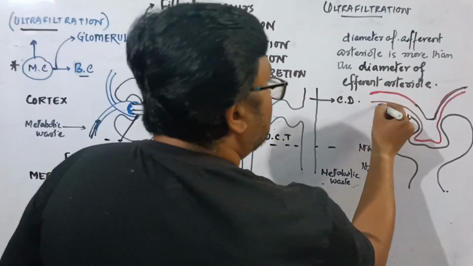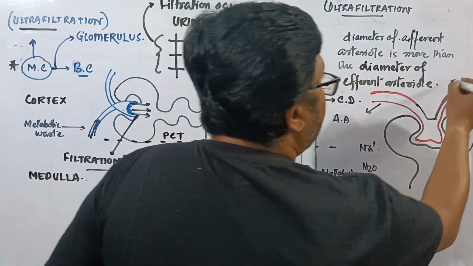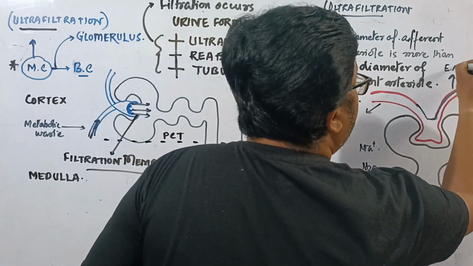Acha. So this one is afferent arteriole and this one is basically efferent arteriole.